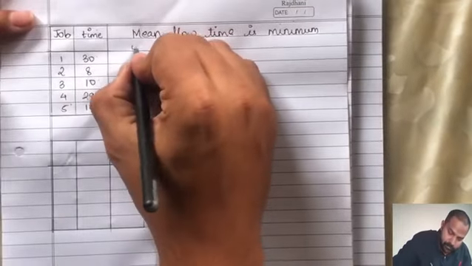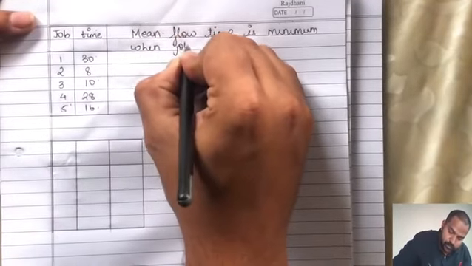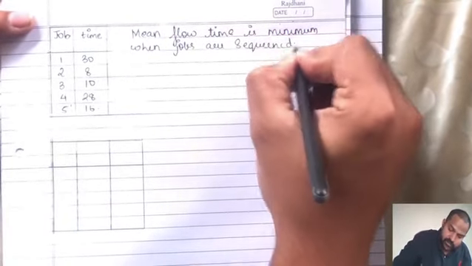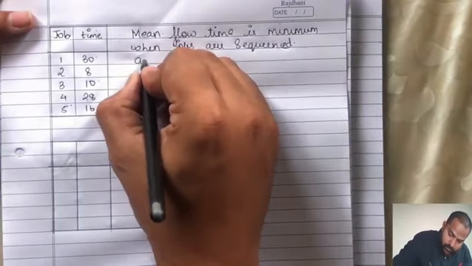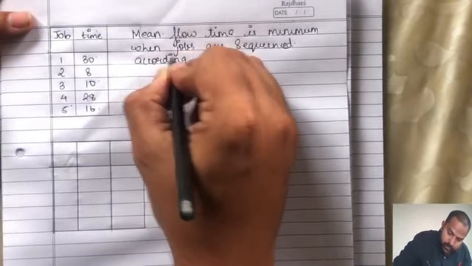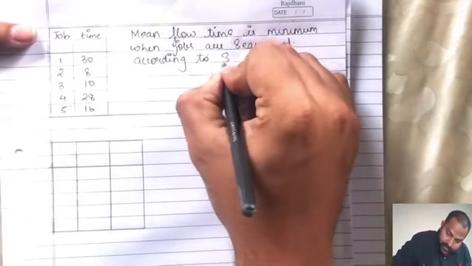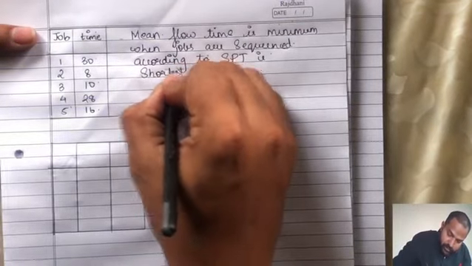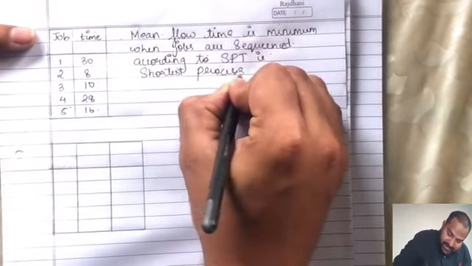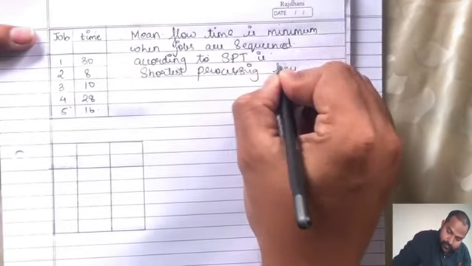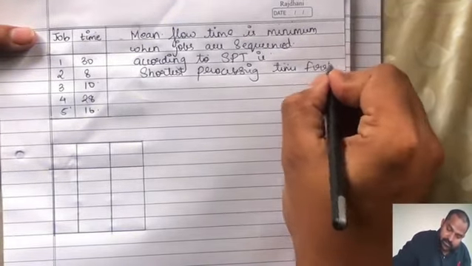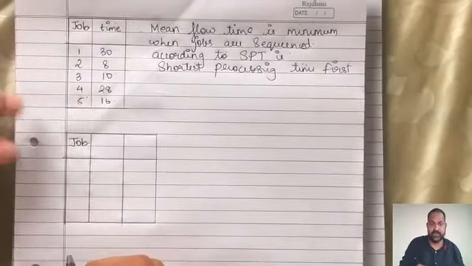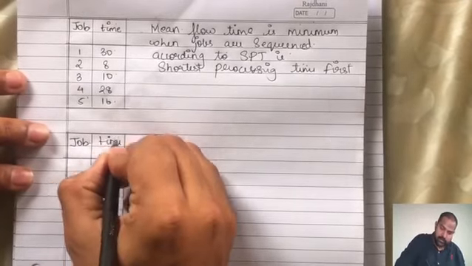Mean flow time is minimum when jobs are sequenced according to SPT, that is shortest processing time first. Fine, let's decide the sequence then. Job, time.